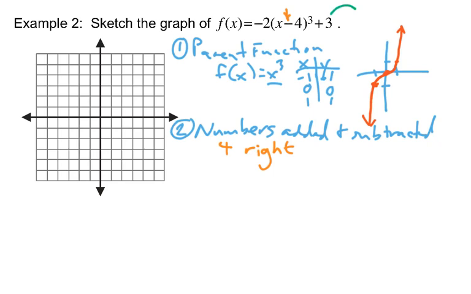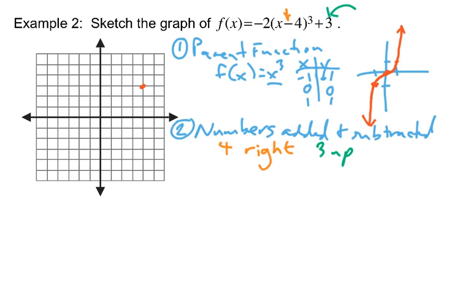And then looking at the number on the end outside the function, that's a vertical shift, and that's going to tell me that we go 3 units up. So I think about the origin ordinarily being at the origin, but I shift it 4 units to the right, 1, 2, 3, 4, and 3 units up, and I'm going to measure everything from there.